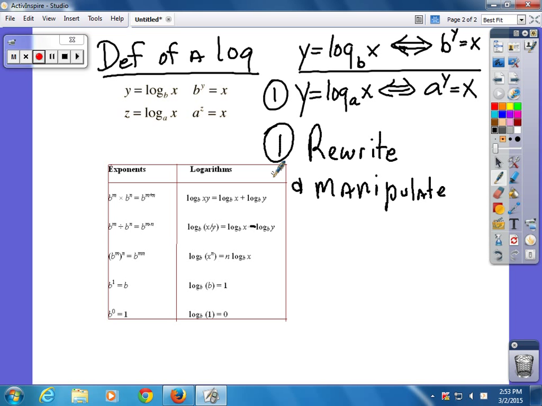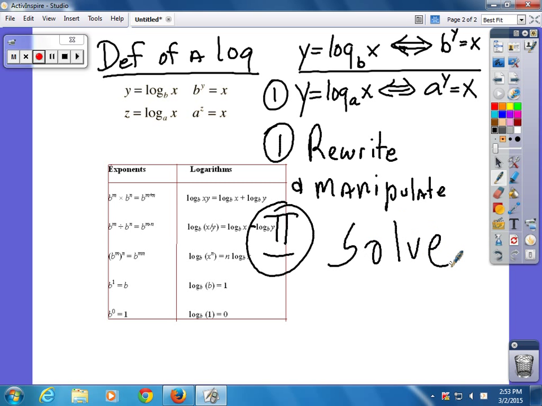The second thing you're going to learn is how to solve equations. Okay? And you're going to learn to rewrite using the definition and these things right here. Well, these first three. And then you're going to learn to solve by turning the equation into one of these or one of these.